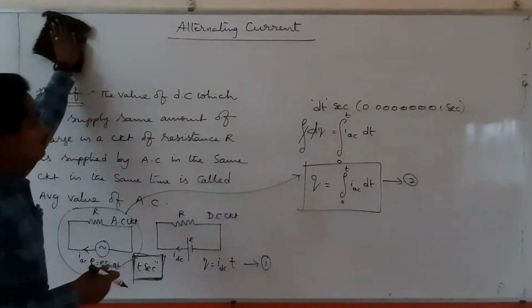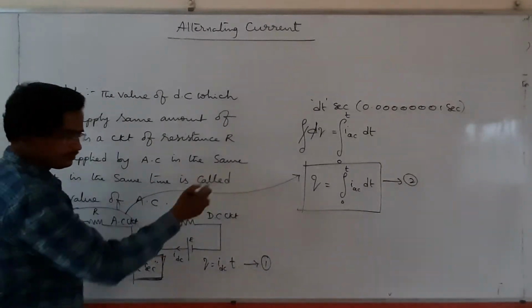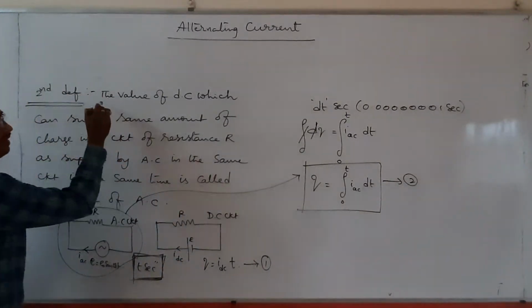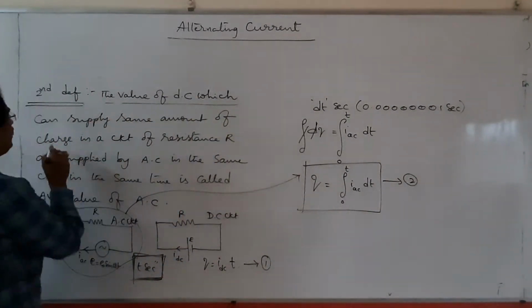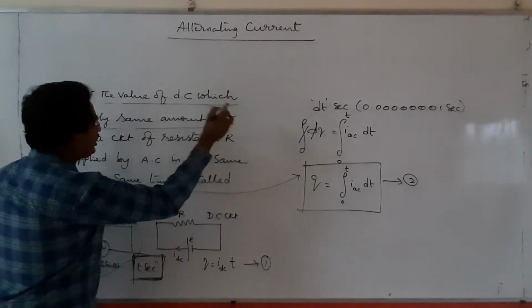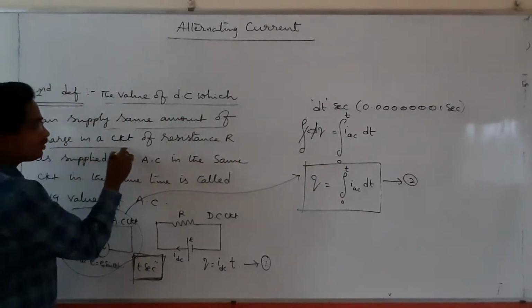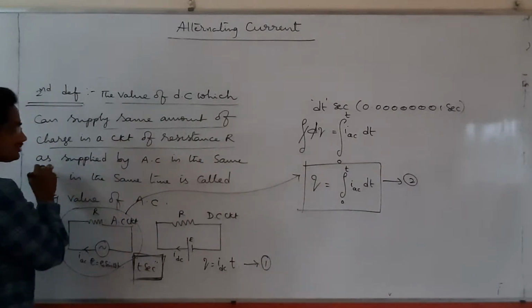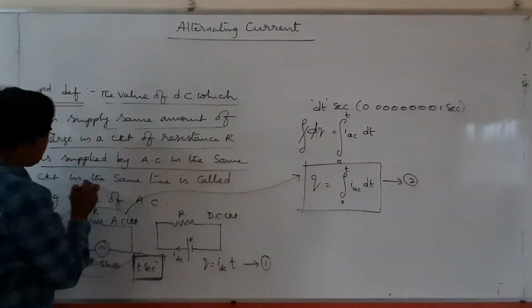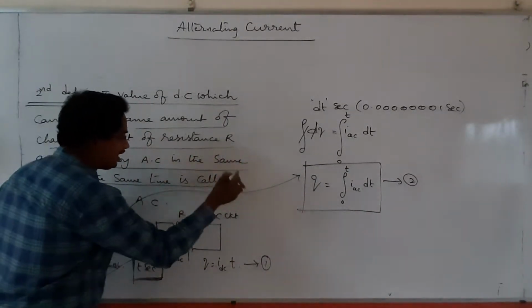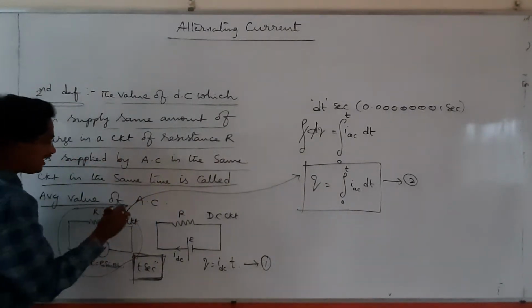So if you equate 1 and 2, what they told is that the value of DC which can supply the same amount of charge in a circuit of resistance as supplied by AC in the same circuit in the same time is called the average value of AC.